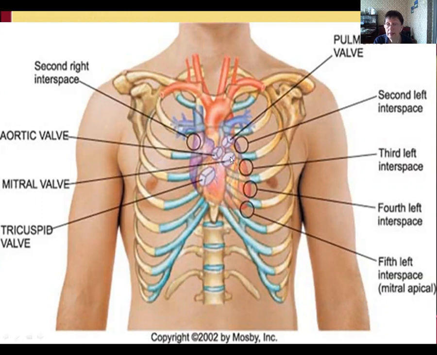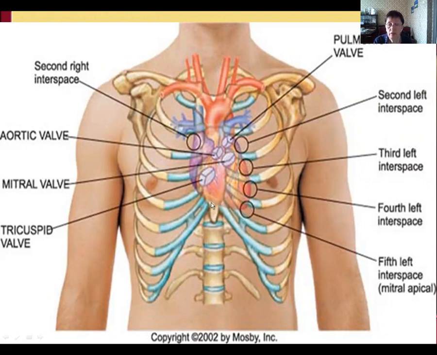And then let's remind the points of auscultation. The first one is at the apex of the heart. This is the apex of the heart in the 5th left intercostal space, medially from the mid-clavicular line. So this is for the mitral valve.